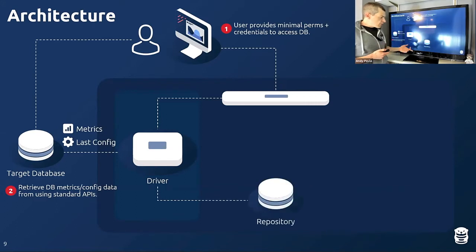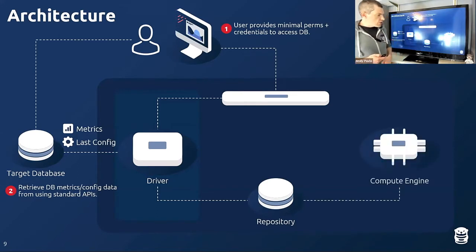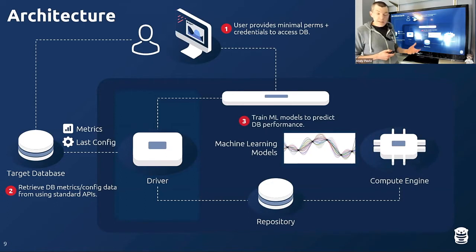The driver then stores that in OtterTune's internal repository, where we keep track of all the databases that we've tuned before, and then we feed that into our compute engine that trains statistical models that can predict how the database system's behavior or performance will change as we start changing the values of the knobs that we want to tune.